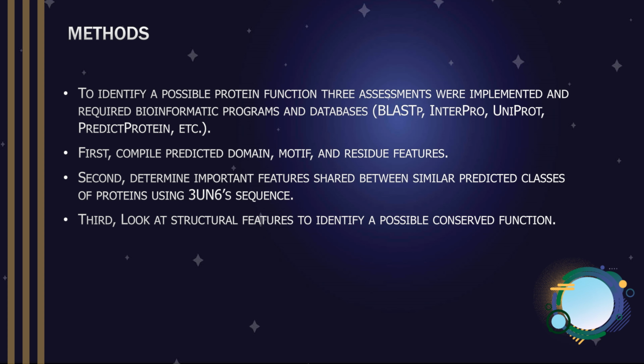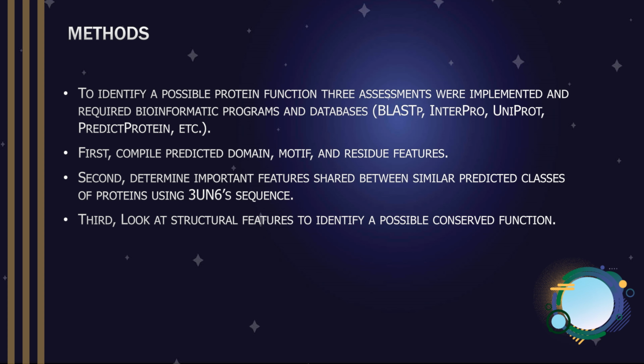So let's go briefly over the methods that we used for this research. To identify a possible protein function, we used 3 assessments using bioinformatic programs and databases. First, we're using 3UN6's sequence to compile predicted domain, motif, and residue features and figure out why these programs are coming up this way, what makes them similar to 3UN6.